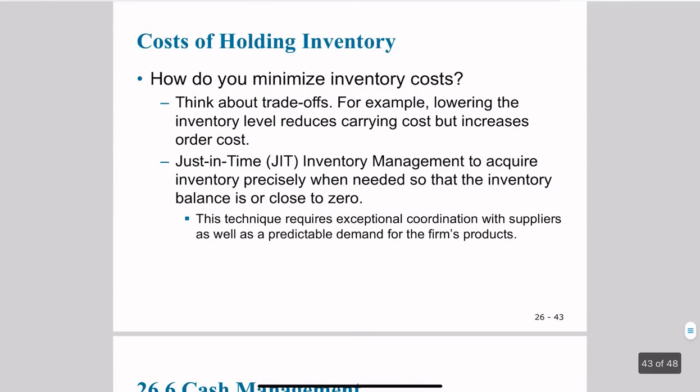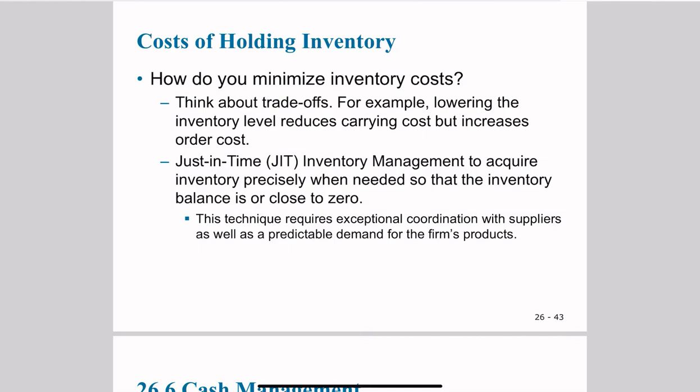Now, as a financial manager, you definitely have the incentive to reduce inventory costs, right? So what kind of methods can we use to reduce inventory costs? First, you have to think about the trade-off. You have to think about the benefits and costs trade-off.